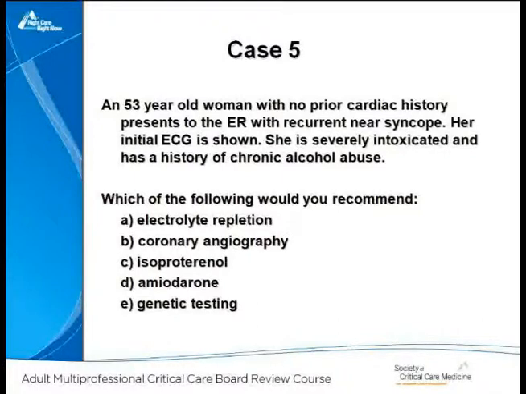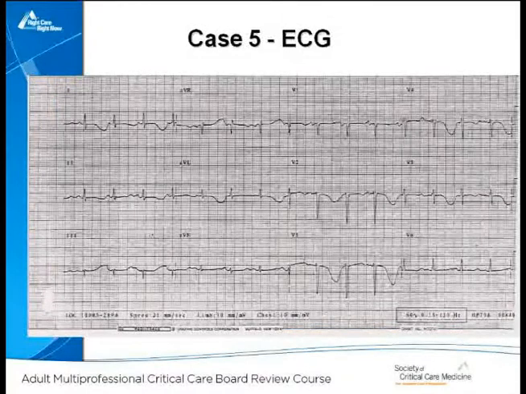Okay. So our next one's a 53-year-old woman with no prior history who presents to the emergency room with recurrent near syncope. Her initial ECG is shown. She is severely intoxicated and has a history of chronic alcohol abuse.